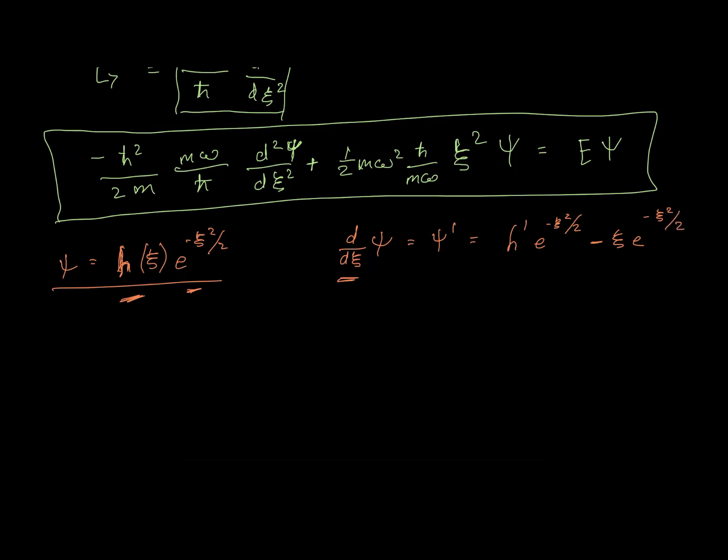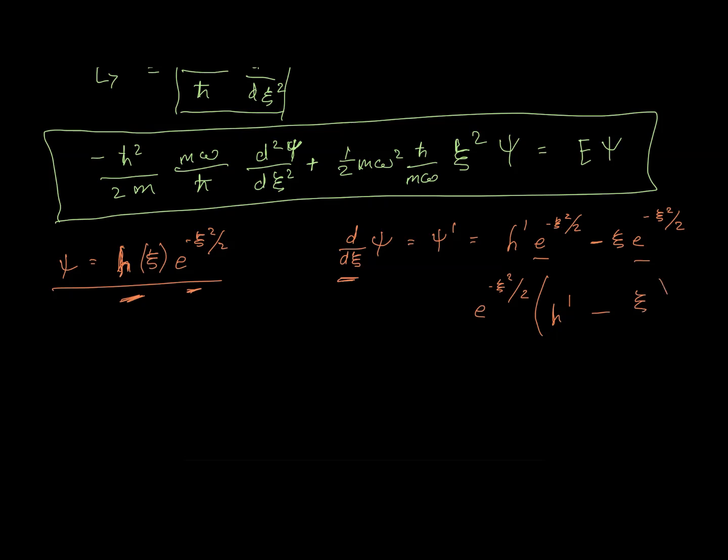Okay, and it makes it a lot easier if we factor out this e here. So we get e to the minus c squared over 2 times h prime minus c, okay?